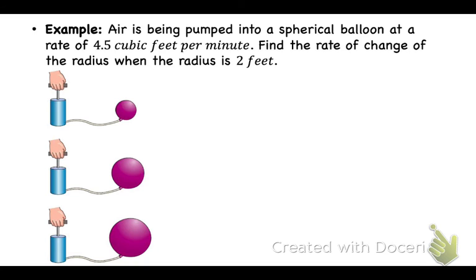Okay, so air is being pumped into a spherical balloon at a rate of 4.5 cubic feet per minute. Find the rate of change of the radius when r is 2 feet. So I'm going to need an equation. Given, what did it give me? 4.5 cubic feet per minute.